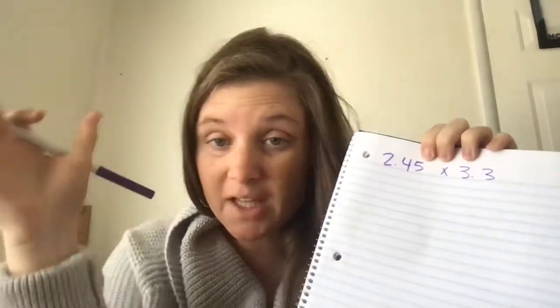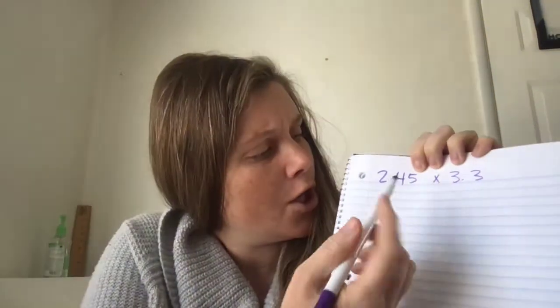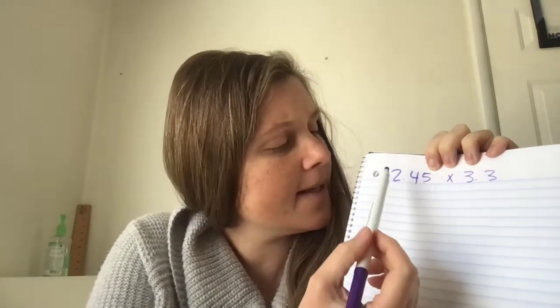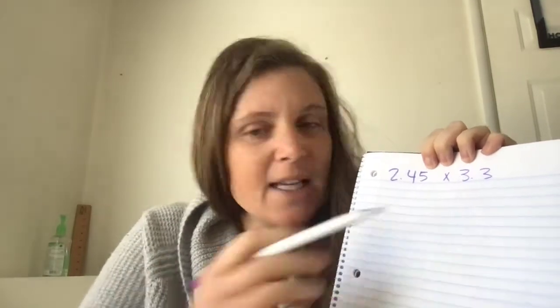All right, now let's do our last example. It's 2.45 times, I got a sore on my thumb, times 3.3. Okay, first thing we do is we think about it. 2.45 times 3.3. So we say 2 times 3 is 6.